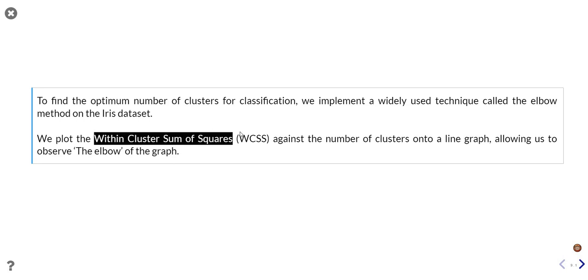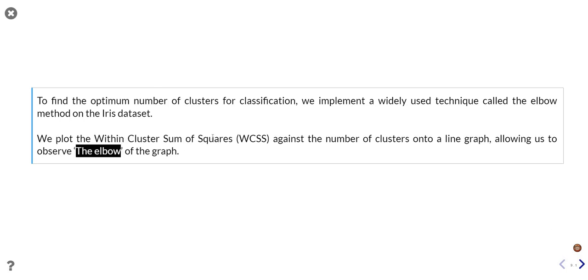Say you have the data and you are forming 2 clusters; within those clusters you find the sum of squares, meaning the distances between each point within the cluster.